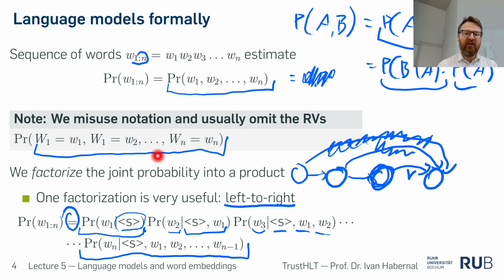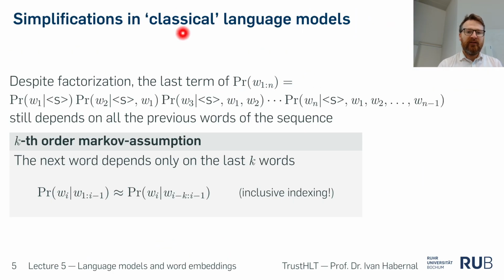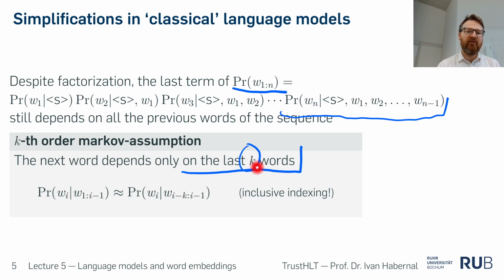You can think about this as being in a state and going to the next state, which is some word. Here's the problem again. We did some factorization, but we still have this very ugly long thing. So we're going to say that the next word depends only on the last k words, some k words previously.